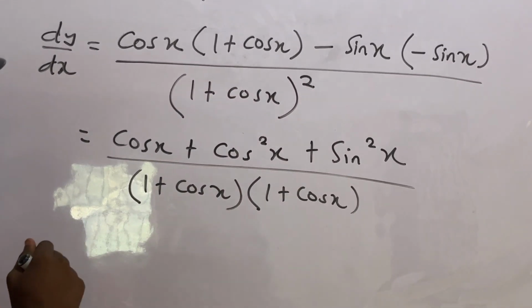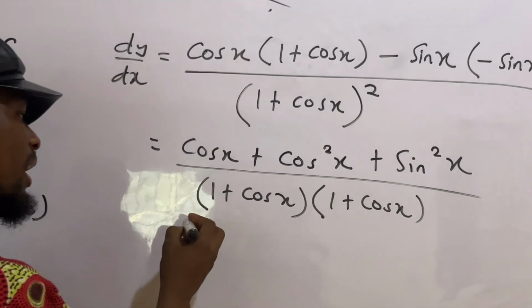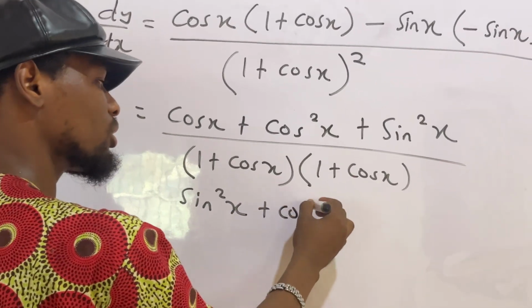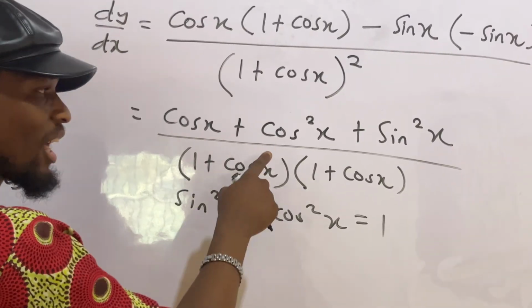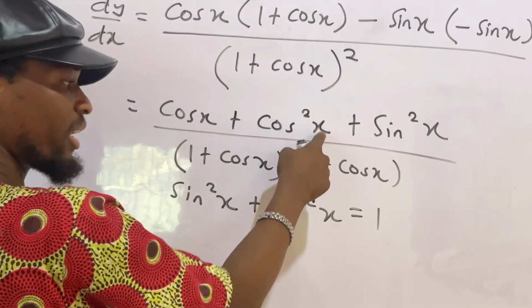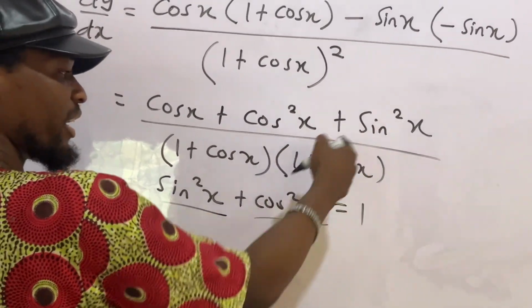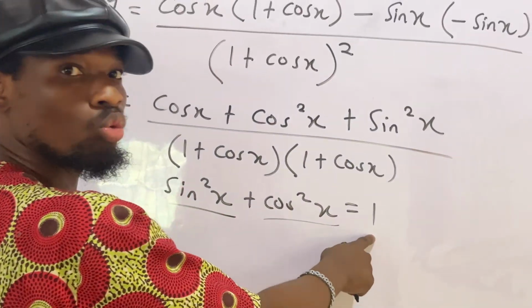From our basic trigonometry, we know that sine squared x plus cos squared x is equal to 1. Here clearly you can see cos squared x added to sine squared x gives 1. So whenever you see this whole expression, it goes to 1.